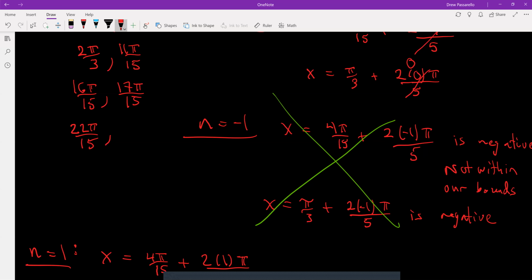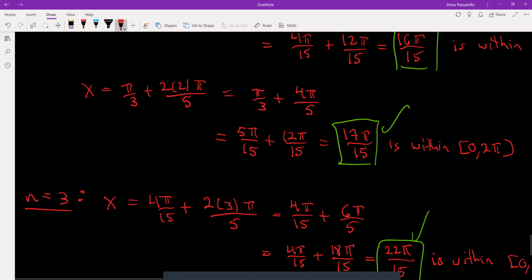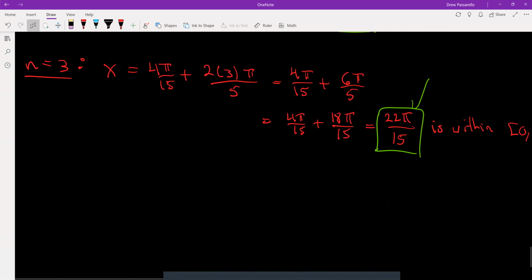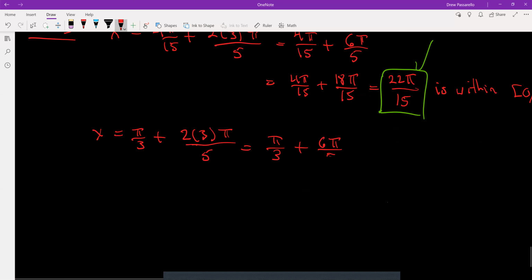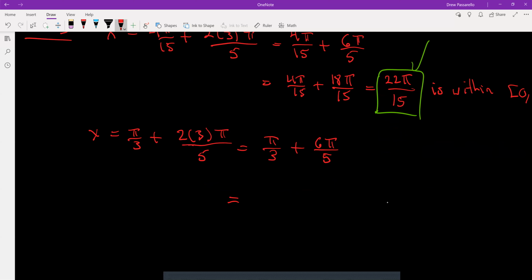All right, and now I need to check for the other one, for pi over 3. All right, so that's pi over 3 plus 6 pi over 5. Convert these into fractions with the same denominator. Let's see, so it's going to be 15.